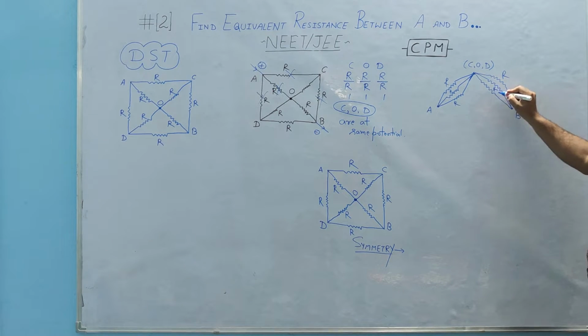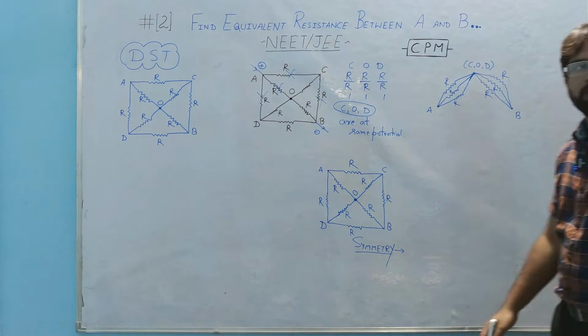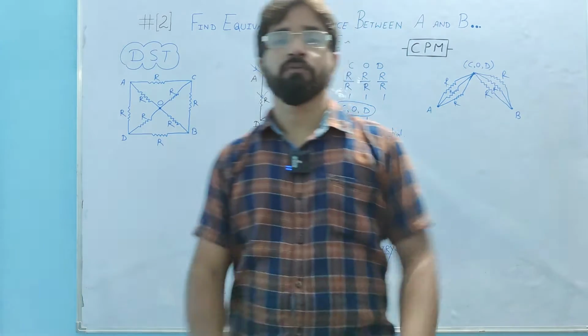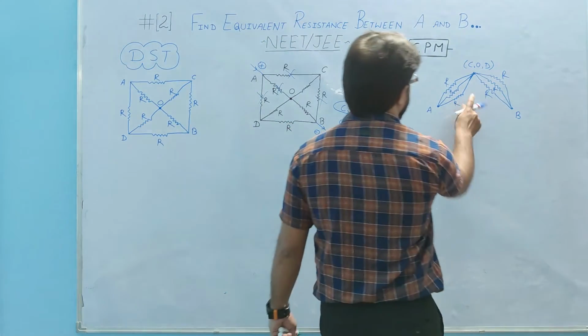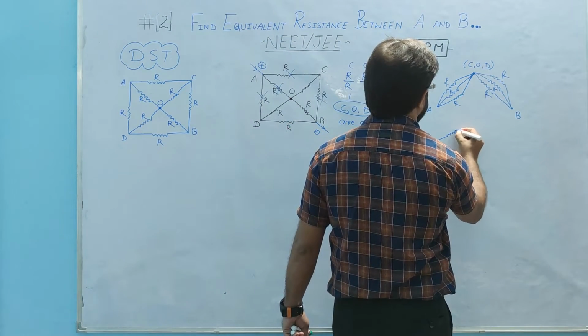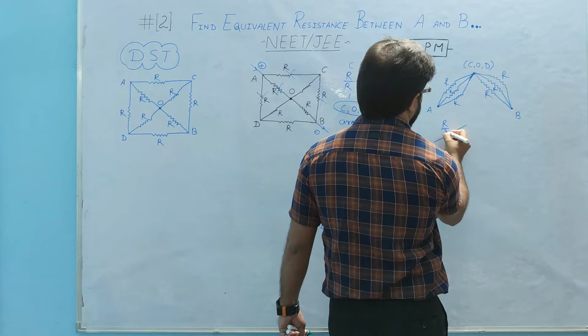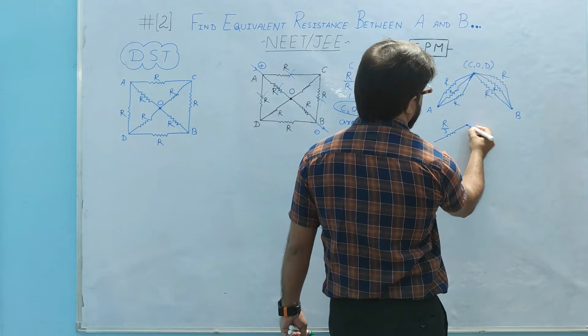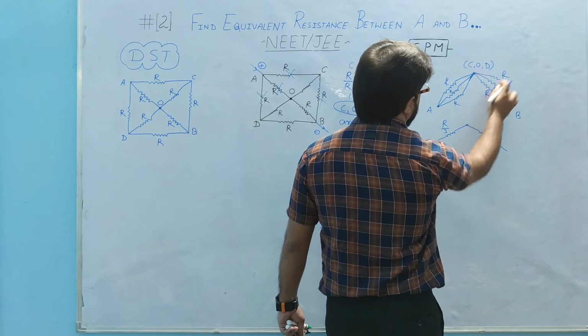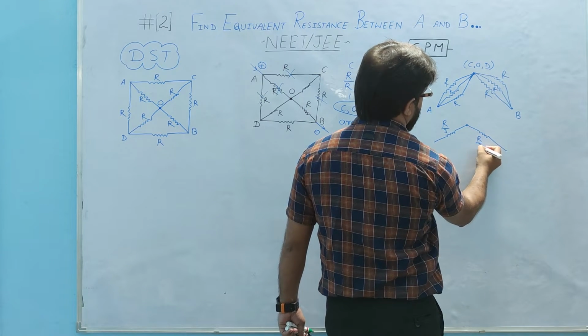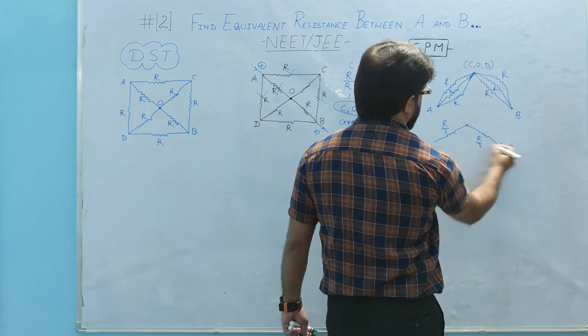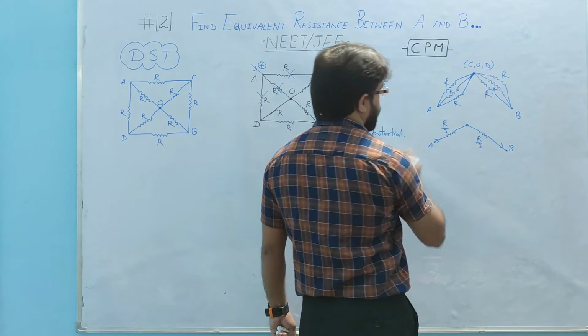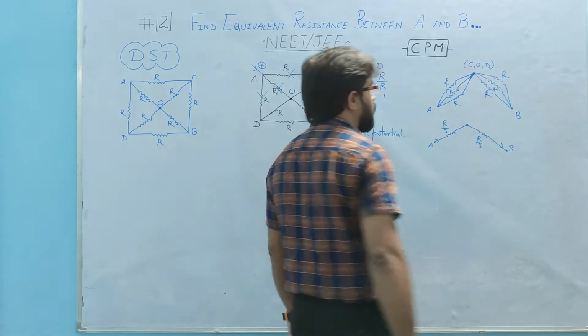R, R, R. Hoping now you can easily solve these three in parallel combination. It would look like this: parallel R by 3, and this point, then these again R, R, R. This is also R by 3. This point is B, this point was A. Now both are in series combination.